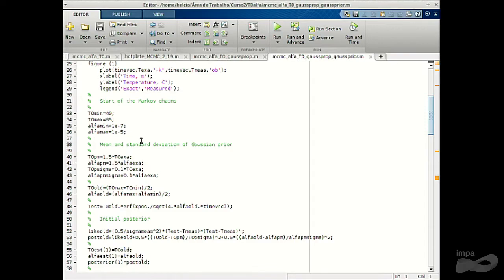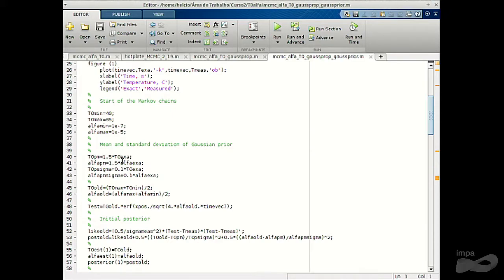And so let's say that we start here with a value that is 1.5 times larger than the exact values, that this is the mean. So I'm prescribing a very bad mean, okay? But let's assume that I don't have great confidence in this mean value.